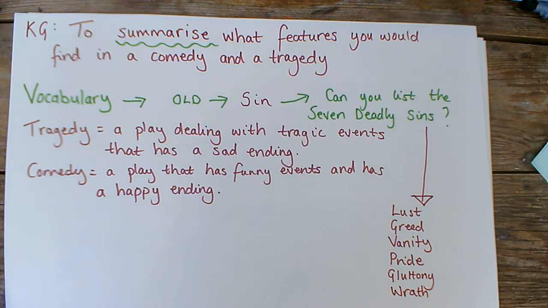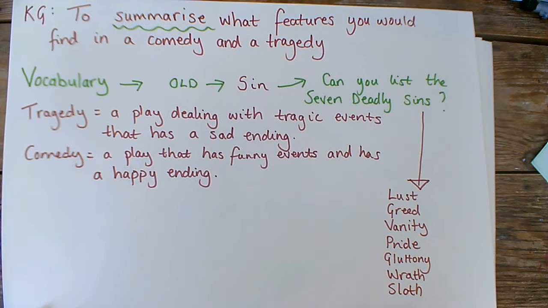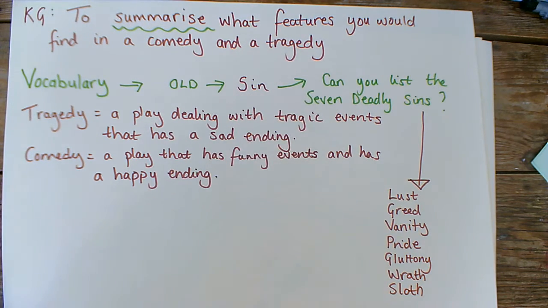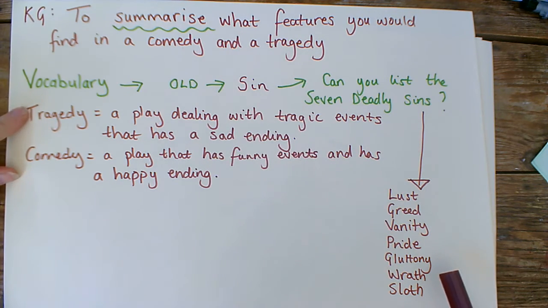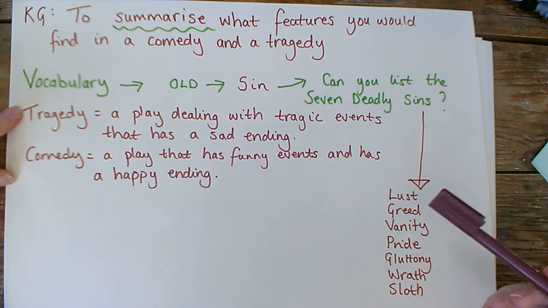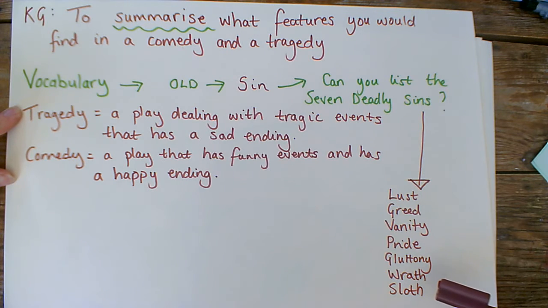There's always one that I forget. That's it, sloth. Okay, laziness. So these are the 7 deadly sins. And we can expect to see that in a tragedy, we often have characters that commit sins. Okay?